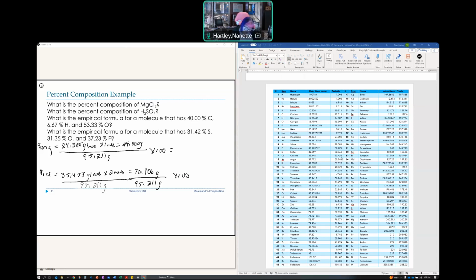Actually erasing it because I already got the 95.211 grams underneath. So I take my 24.305, I divide that by the 95.211, multiply by 100.